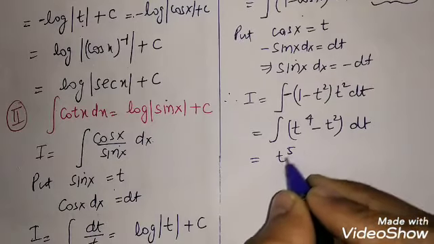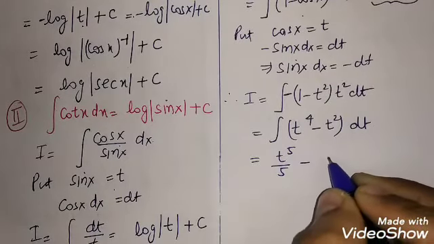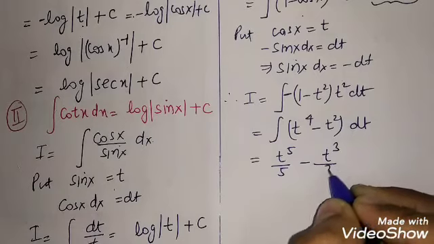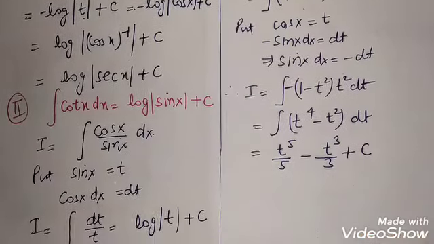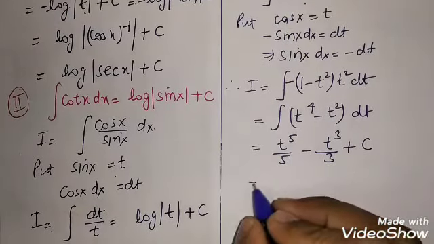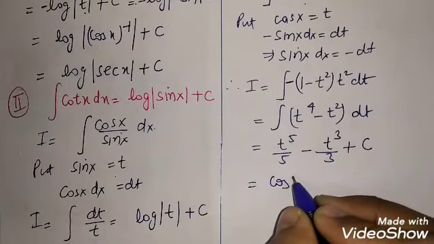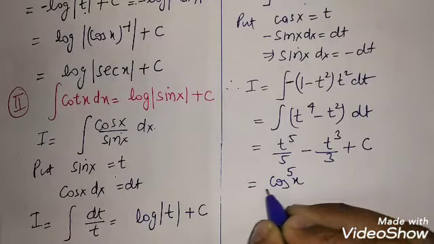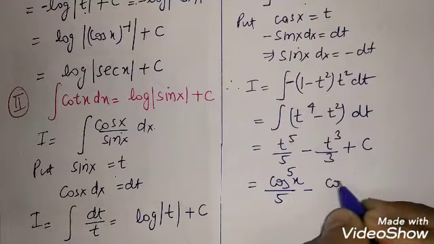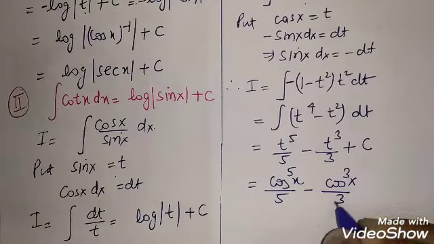This seems to be t to the power 5 upon 5 minus t cube upon 3 plus c. The value of t is cos x. So cos to the power 5 x upon 5 minus cos cube x upon 3 plus c. This is our required answer. Hope you are getting this. It's quite easy to solve.